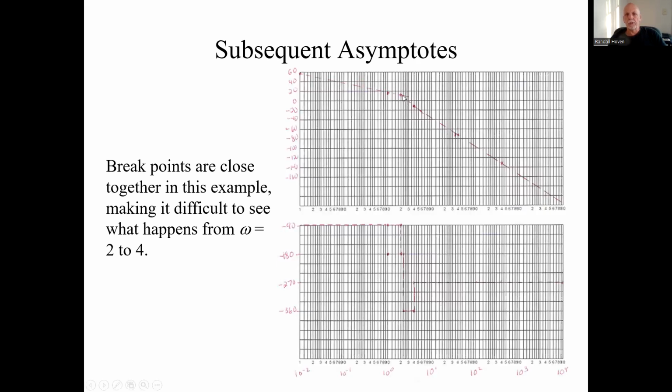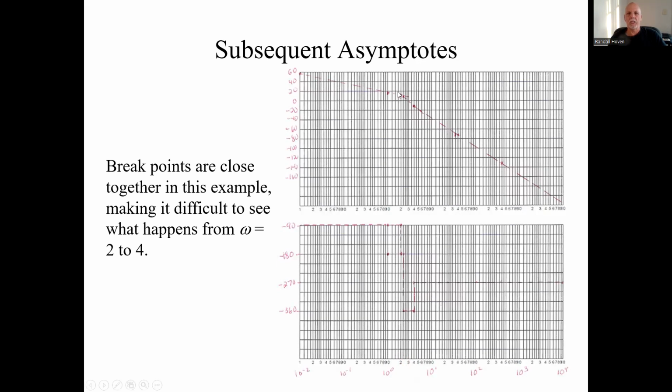The trouble here is all our breakpoints are really close. 2, square root of 5, and 4 are just from here to there. We have 3 breakpoints just over that little gap in frequency.